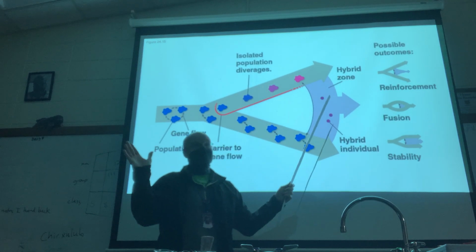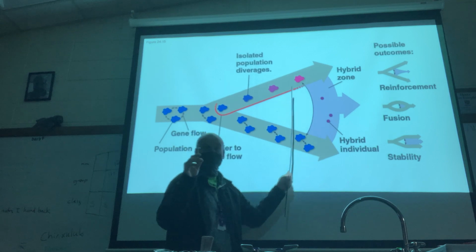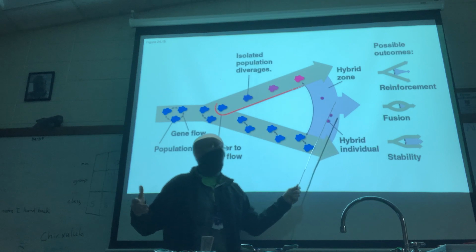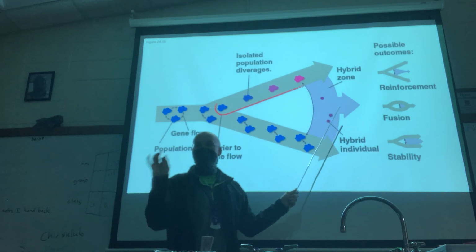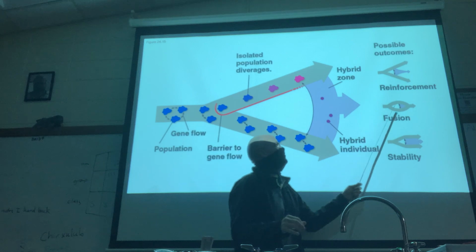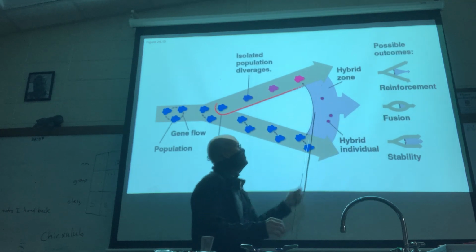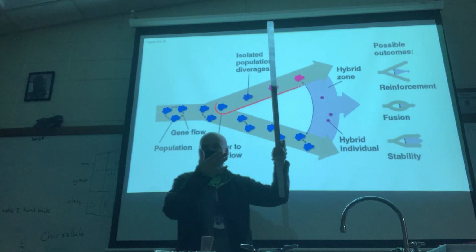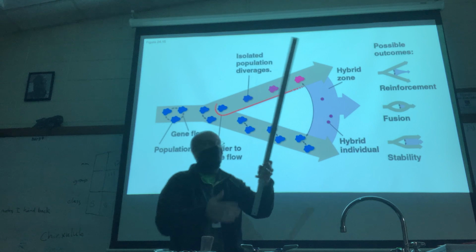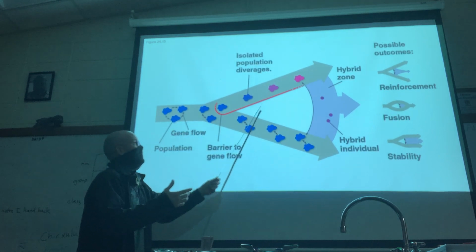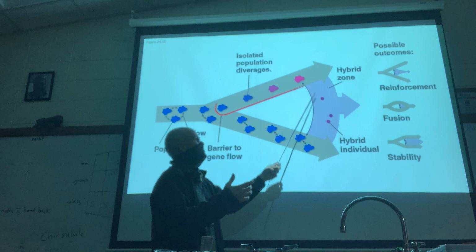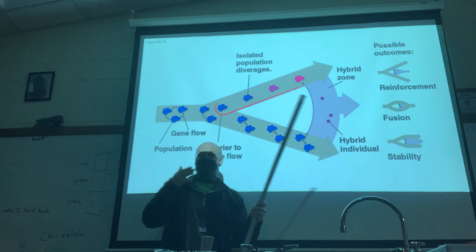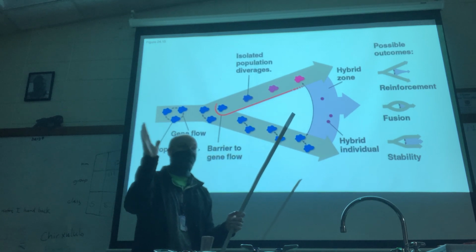So what's kind of fascinating is that if these are really successful hybrids, then they will survive and reproduce more. And that's actually a really weak barrier. And you can get what's called fusion, where these two populations and the hybrids they make all just become the same population again. Anything that may have been separating them is reduced, and they become more alike, and eventually maybe merge back into one single variety.